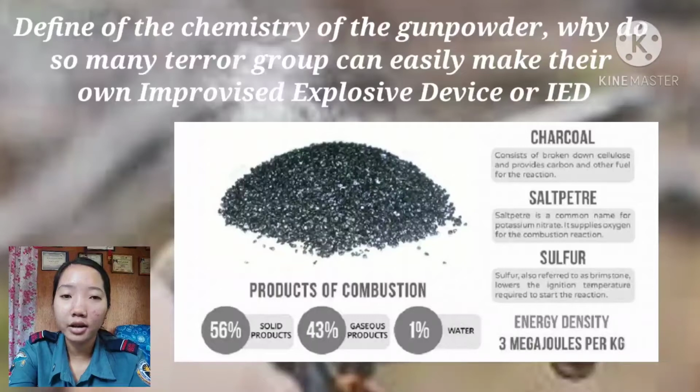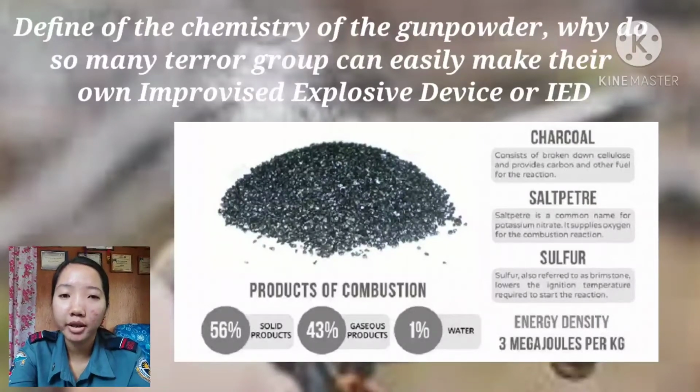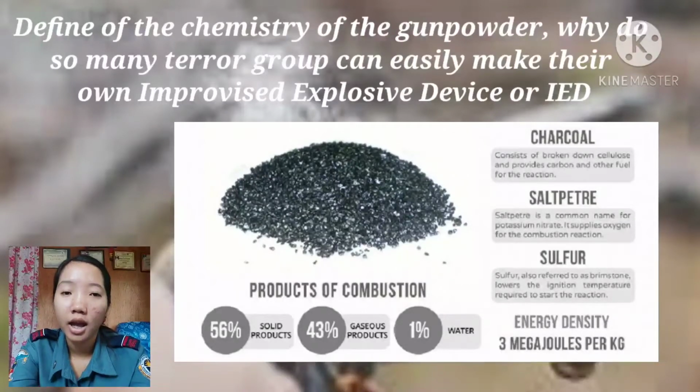It is the earliest known chemical explosive. It consists of potassium nitrate 75% by weight, charcoal 15% by weight, and sulfur 10% by weight.